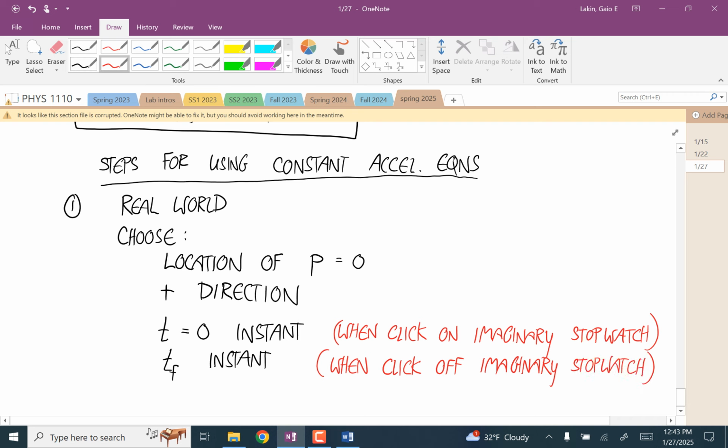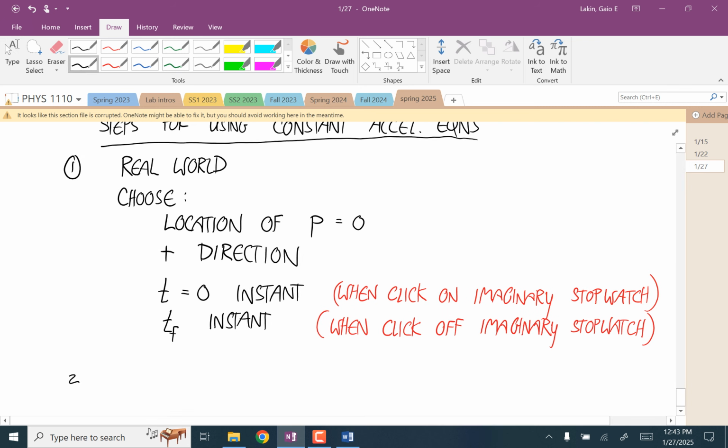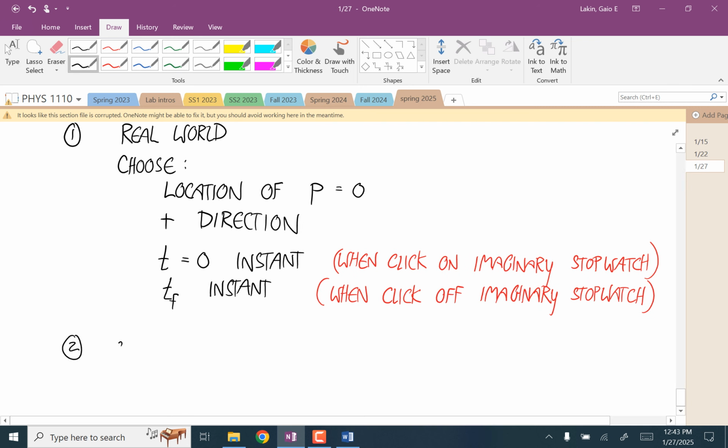Now that you've made that connection between the math and the real world, now you can think out of this list. So this is the list of all the variables that show up in these constant acceleration equations.